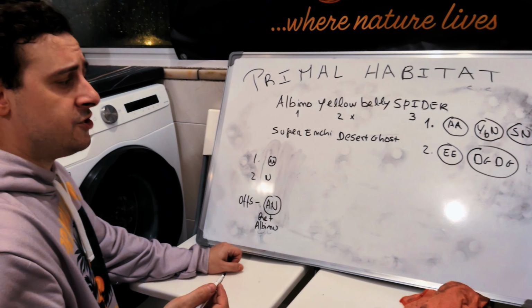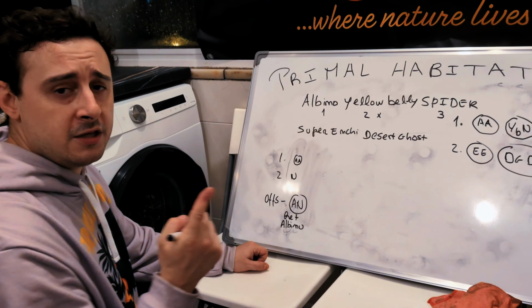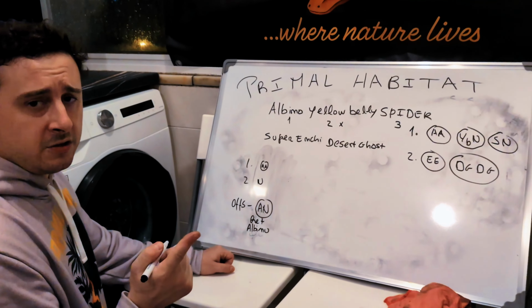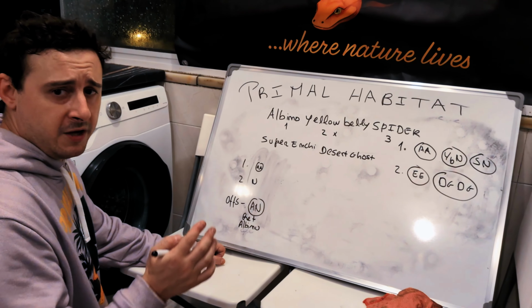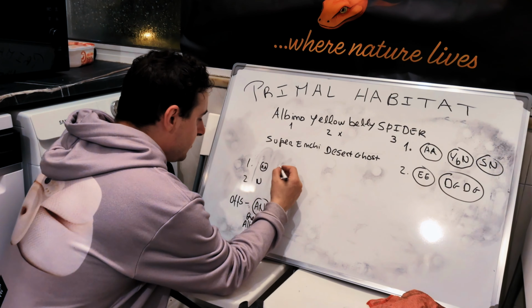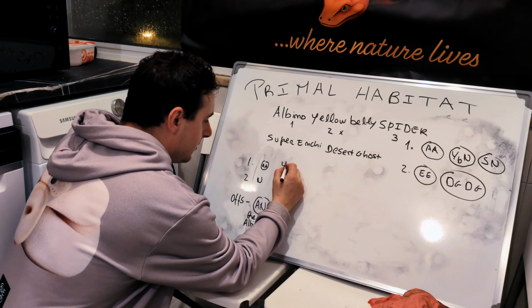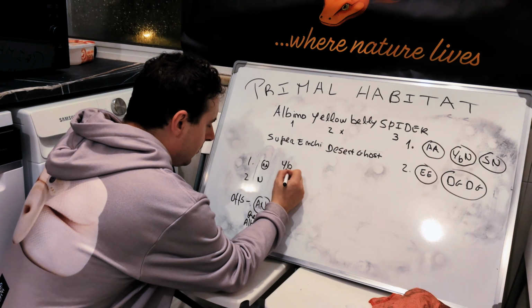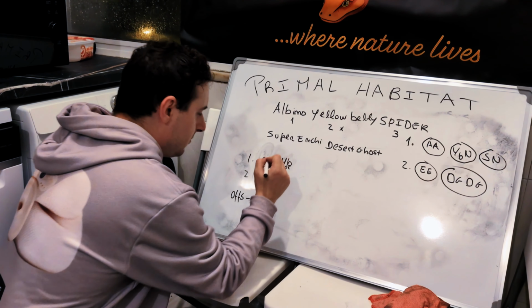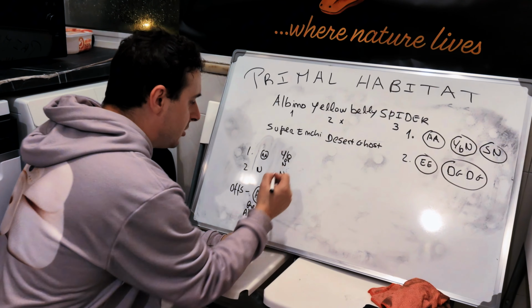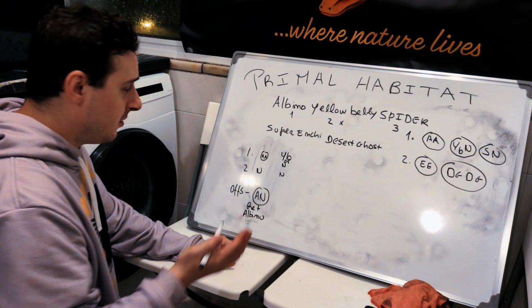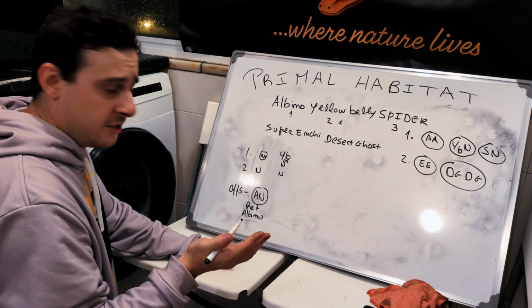So in this gene we know that it will be het albino. For the yellow belly gene, we have one allele yellow belly and the other allele normal in the first snake. And in the second snake we have no yellow belly. So this first snake could pass yellow belly or normal. And the second snake will always pass normal on this gene because she doesn't have yellow belly in her genetics.